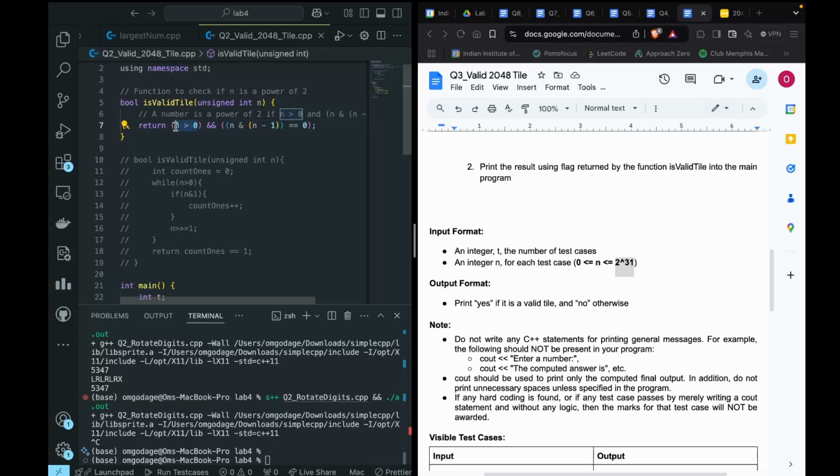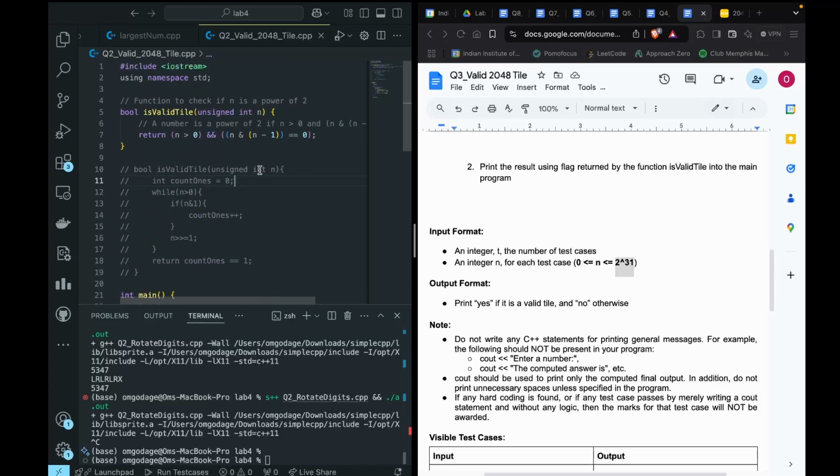If n is equal to 0, then this will always be 0, so you will mess up. So this makes sure that there is at least one bit 1 in the number n, and then you check if there is only one bit which is 1, or are there more bits which are 1, and if this becomes 0, then you return true, otherwise you return false. So this was a better way of solving the question.